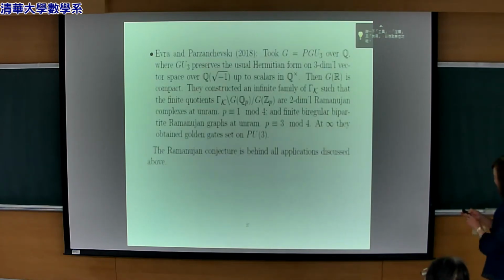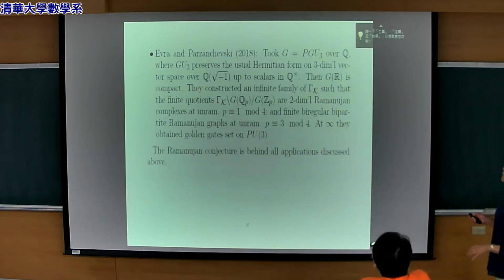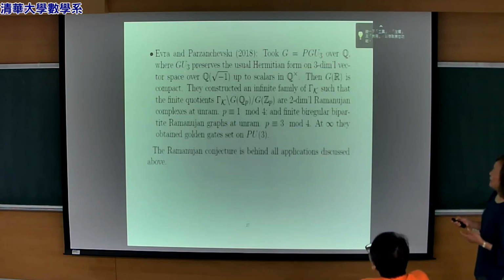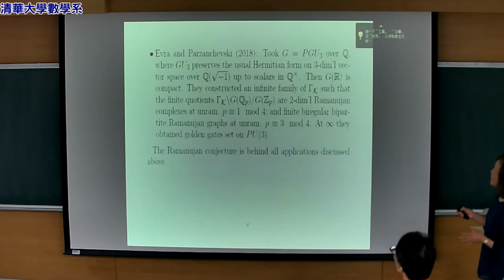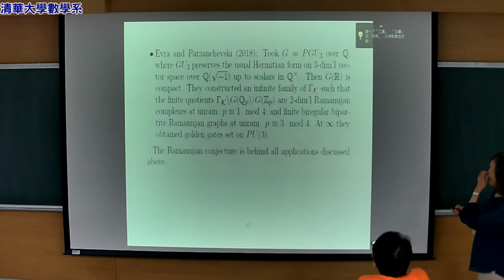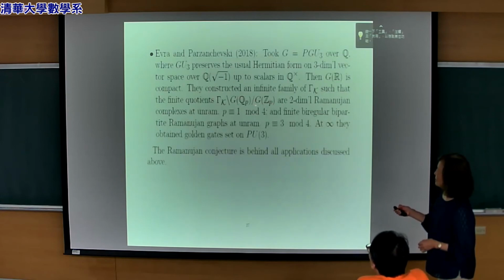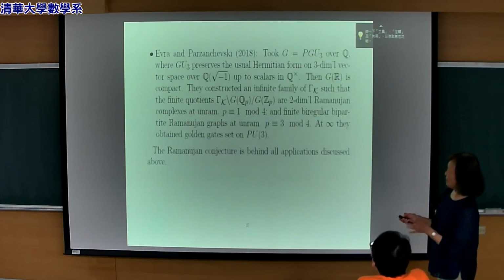So I just want to end by saying that everything we talked about for GL2 over Q extends to the unitary group U3, or PGU3, modded out by the center, over Q. So this group is compact at the real place. We can find an infinite family of discrete subgroups such that as unramified primes p go to 1 mod 4, the double coset gives you two-dimensional Ramanujan complexes.